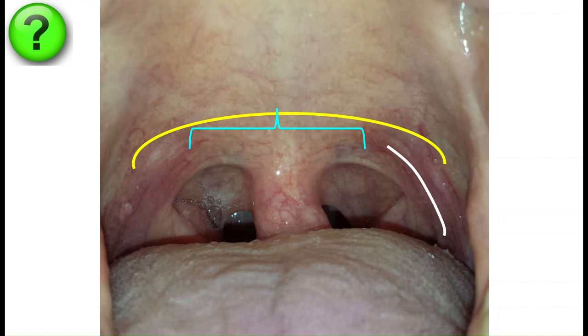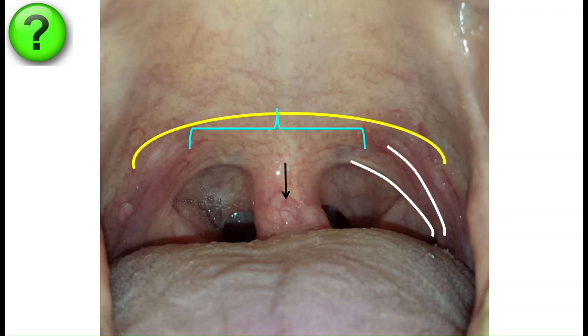This one here is the anterior one, which is called palatoglossus, and there is a posterior one called palatopharyngeus, and in between these two arches we have the tonsillar fossa, and in the middle we have the dangling muscular part of the soft palate called the uvula.